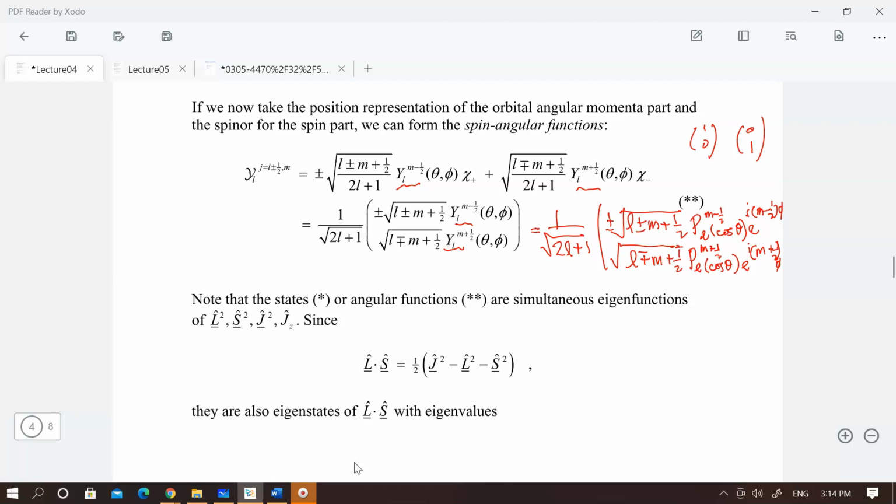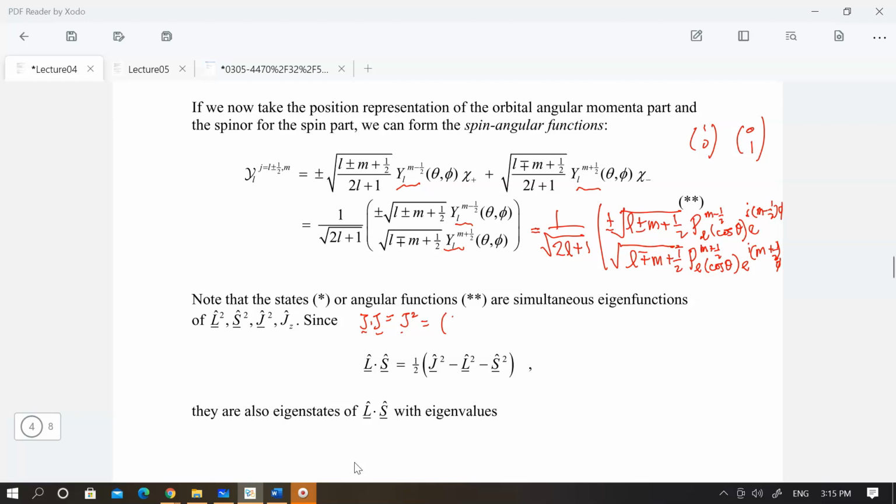But then what happens is that you also know that your J squared can be written as, so this is really J dot J. So maybe I should write that down, J dot J. And remember, there are tensor products inside here, so I'm not writing out the tensor product now.